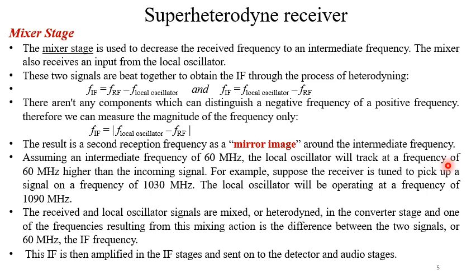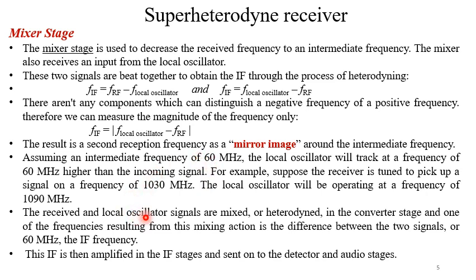Assuming an intermediate frequency of 60 MHz, the local oscillator will track at a frequency 60 MHz higher than the incoming signal. For example, suppose the receiver is tuned to pick up a signal on a frequency of 1030 MHz. The local oscillator will be operating at a frequency of 1090 MHz because the intermediate frequency is 60 MHz.